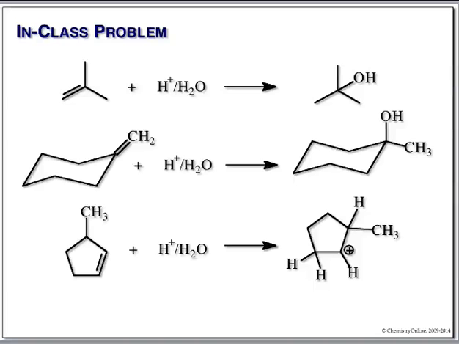So what this does is it rearranges. In a rearrangement, we're going to grab this pair of electrons and the hydrogen and simply let it slide from here to here.